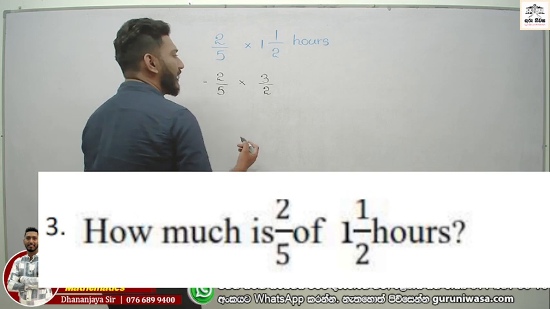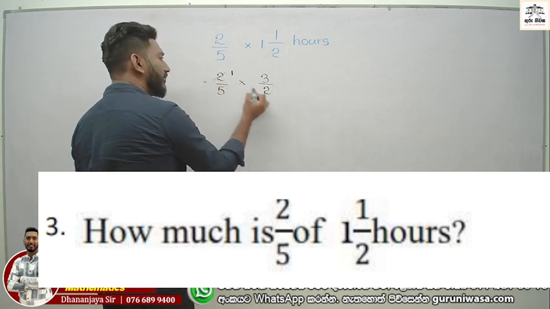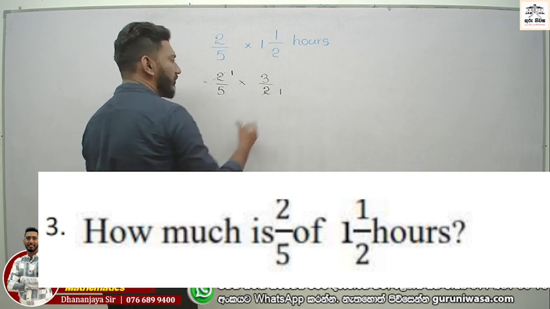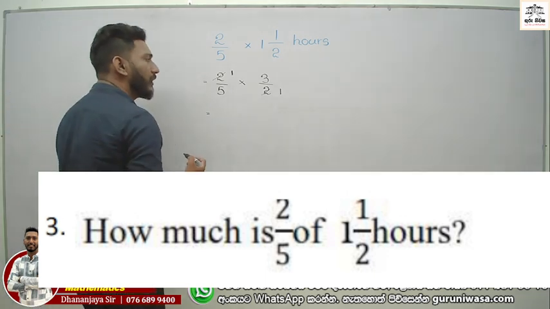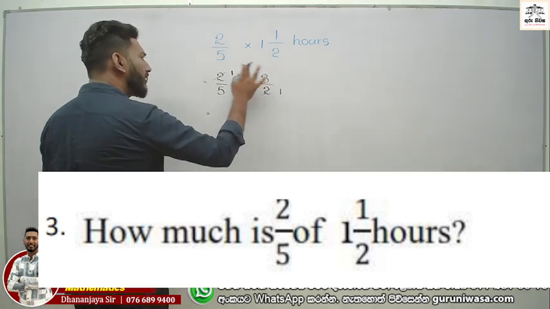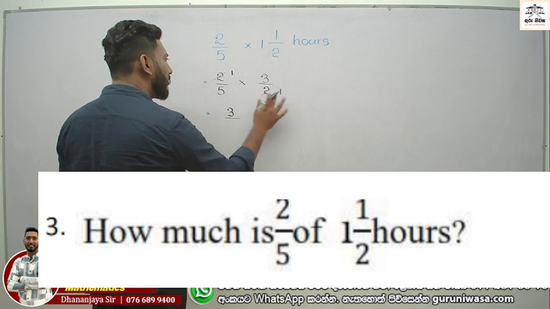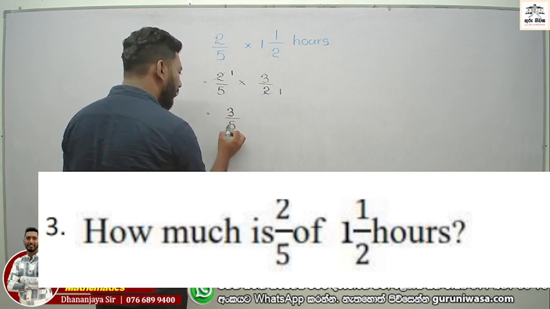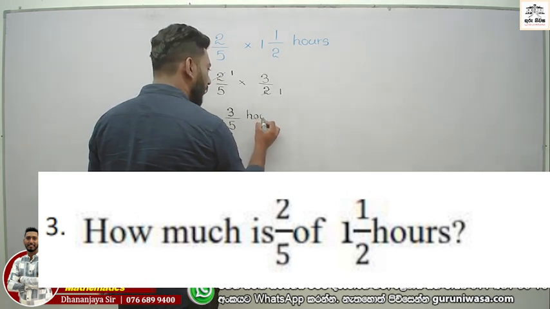Now 2 and 2, you can simplify. This is knowledge about multiplication. 1 times 3 becomes 3. 5 times 1 is 5. Now the answer becomes 3 over 5 hours.